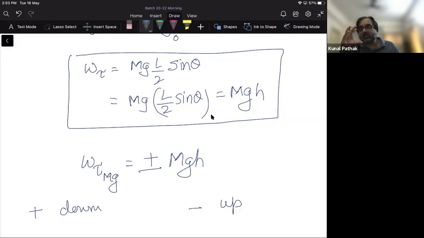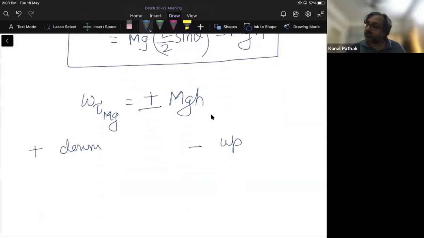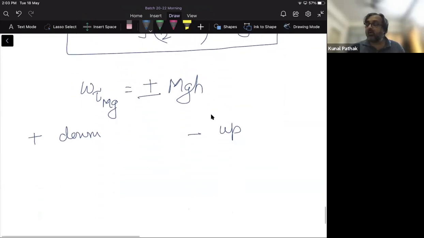You just see the initial configuration of the rigid body and the final configuration of the rigid body, you just find h, and you just say that work done by torque is equal to mgh.